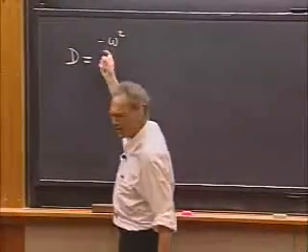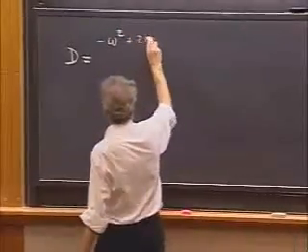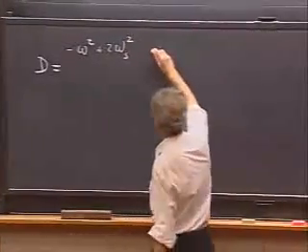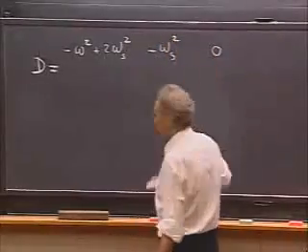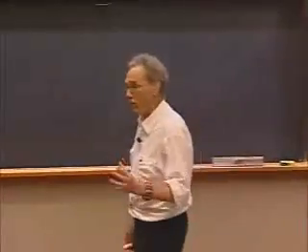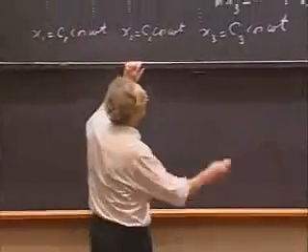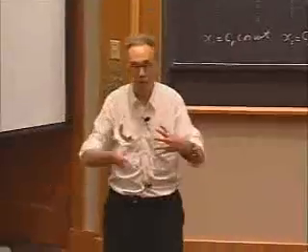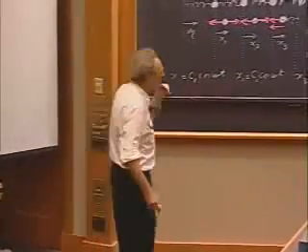You always get that minus omega squared out. And you get plus 2 omega s squared. Then you get in the second column minus omega s squared. And in the third column you get a 0. No surprise that you get a 0 in the third column, because the first differential equation has no connection with x3 at all. And so you never see anything in the third column other than a 0.